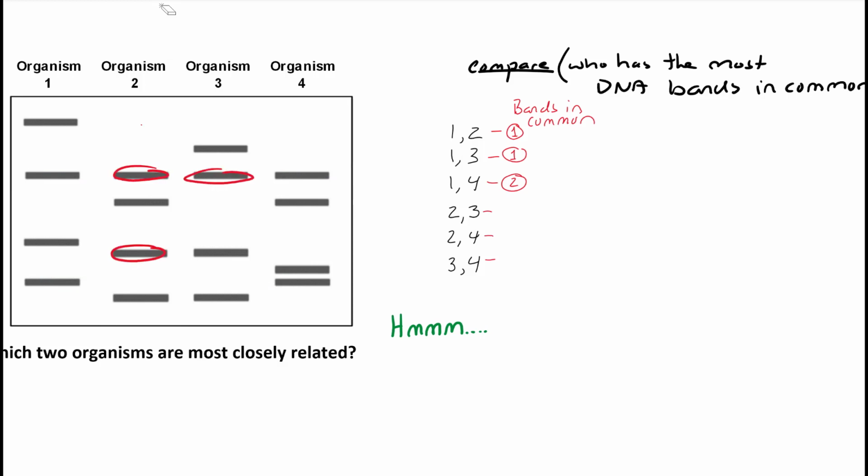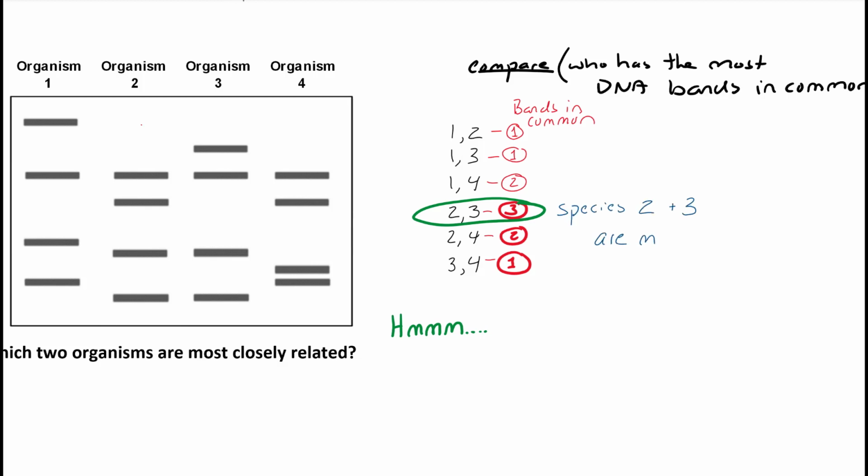Organism 2 and 3, 1, 2, 3 bands in common. Wow. 2 and 4, 2 bands in common. 3 and 4, 1. Organisms 2 and 3, they are the most closely related, the most genetically similar, therefore probably share a very recent common ancestor.